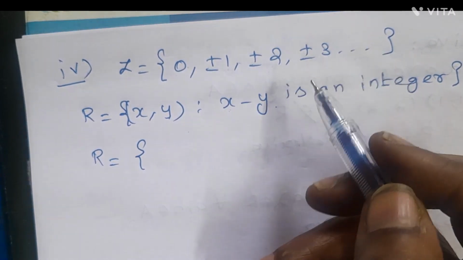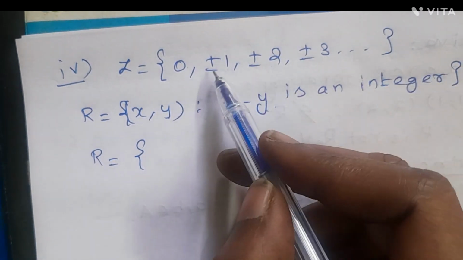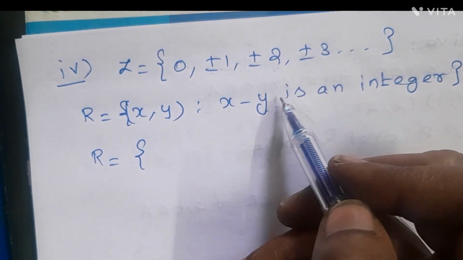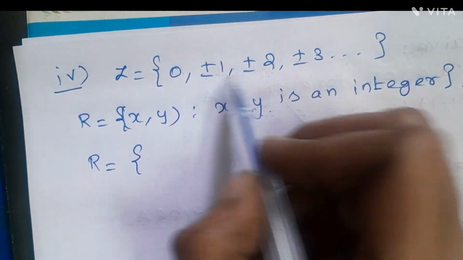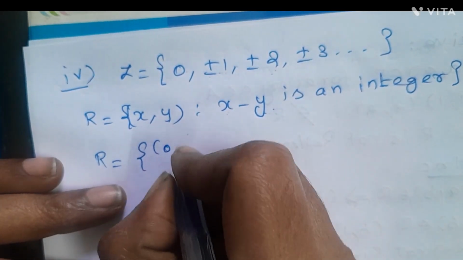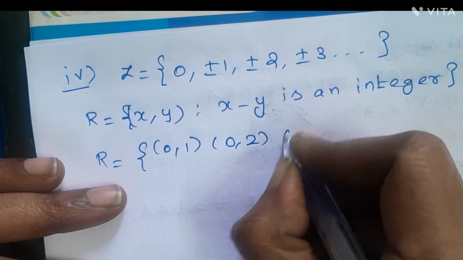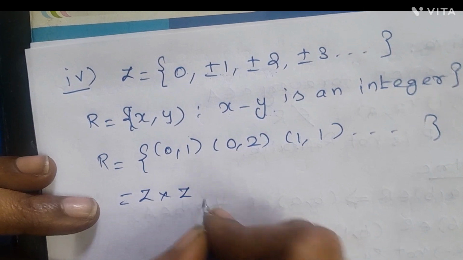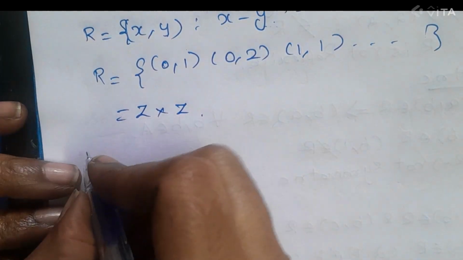Then (0, 2), 0 minus 2 that is minus 2 is an integer. Likewise (1, 2), that is 1 minus 2, that is minus 1. Any integers if we subtract we get an integer. So R equals the whole set, that is Z cross Z.